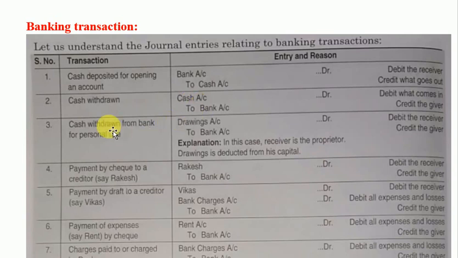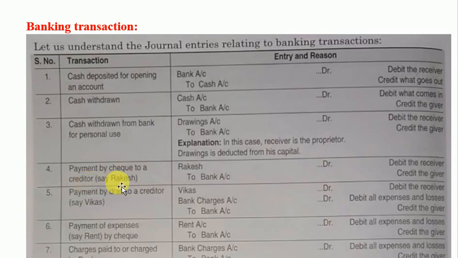Now comes the third entry, that is cash withdrawn from bank for personal use. So the entry will be drawing account debit to bank account. For personal use, we know very well the entry will be drawing account debit to bank account. Now comes the fourth entry, that is payment by check to our creditors.